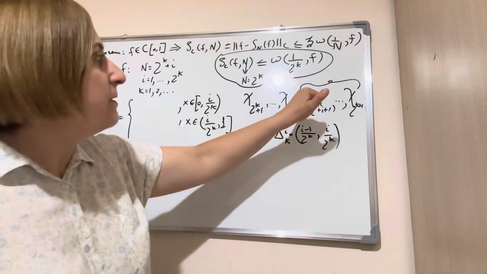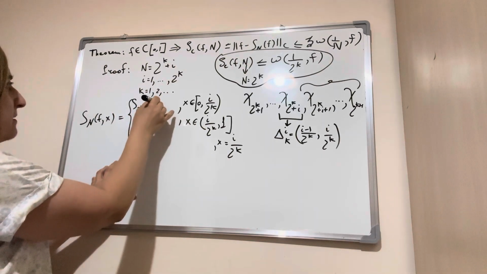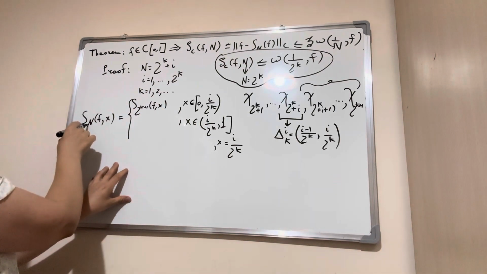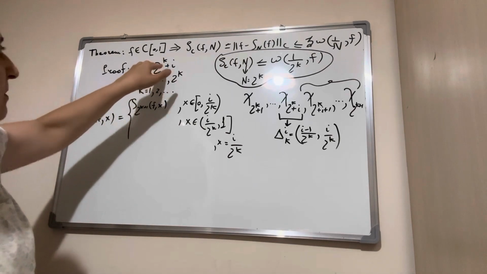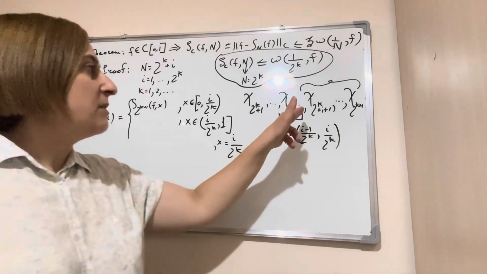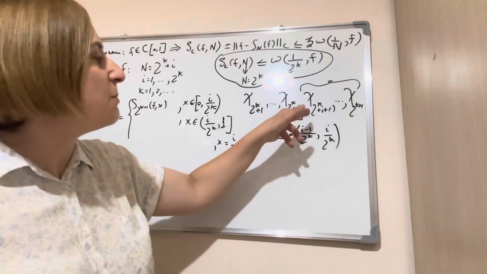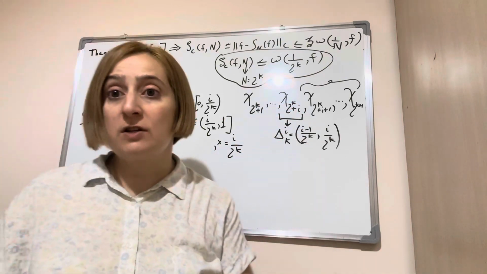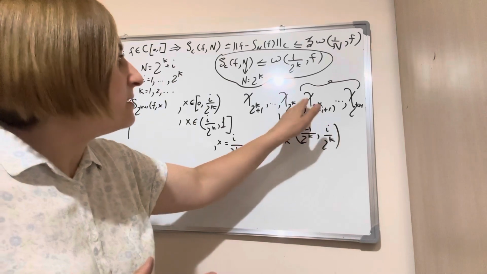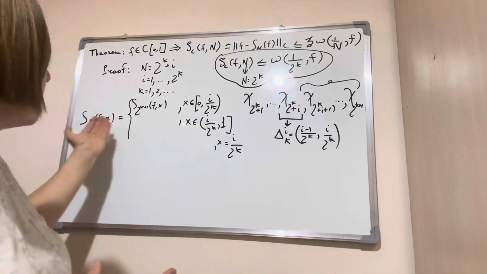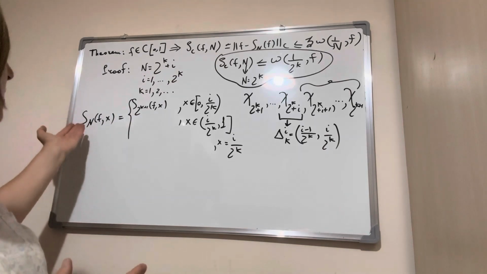But the difference between S_{2^{k+1}}(f,x) and the nth partial sum, where n is again 2^k plus i, is the linear combination of these functions, each multiplied by the corresponding Fourier-Haar coefficient and summed. So this difference turns into 0, therefore we have the first line of the expression for S_n.